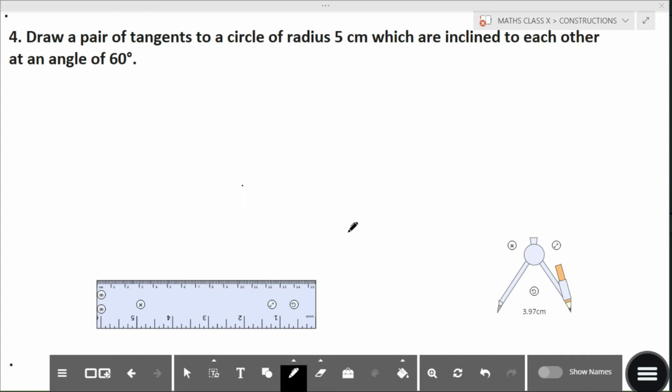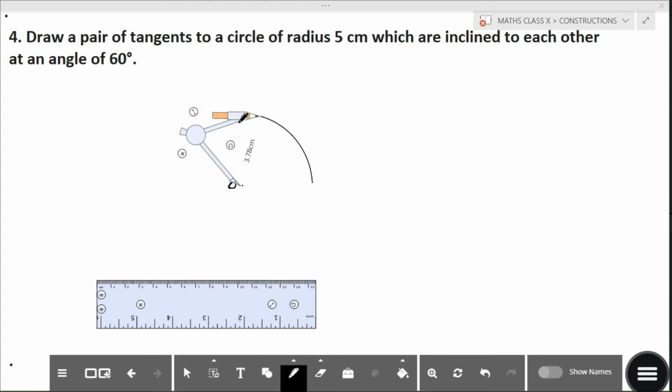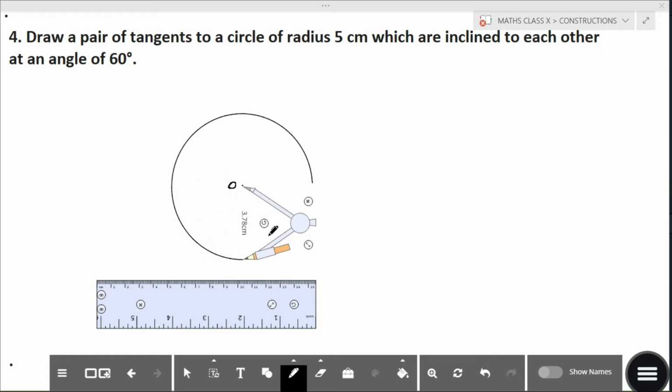The center is O. Then you take the radius of 5 cm, and by taking the radius 5 cm, you draw one circle. So we got a circle of radius 5 cm.